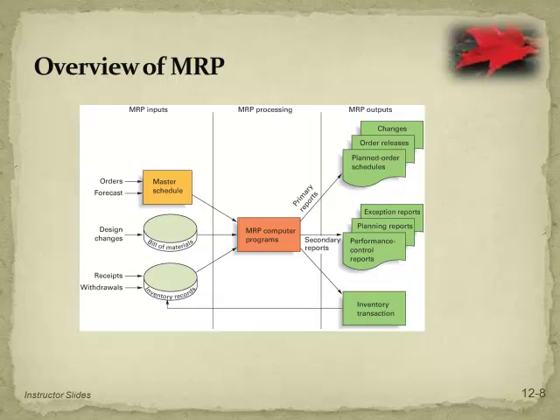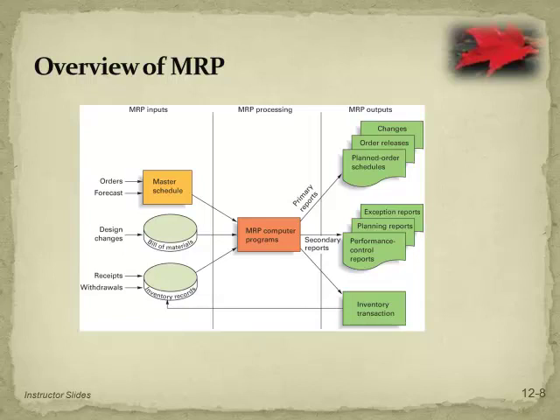Another is the bill of materials, which we'll talk about in this chapter. And the third piece of information is inventory records. For all of these inputs, the master schedule, the bill of materials, and the inventory records, we're assuming that all of this information is also computerized and on the same server that the MRP program is on.